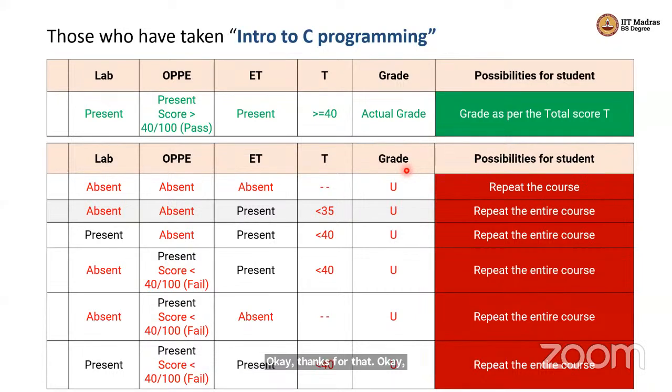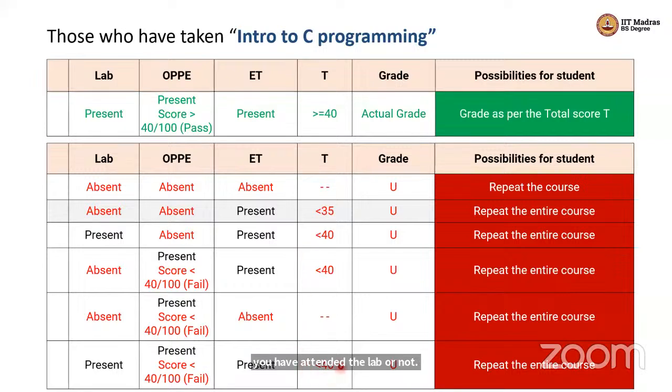So the second category is the U grade. U grade is generally when you are getting the total score less than 40%. Okay, except in this case, which is less than 35%. I'll come to that. But generally, if your total score is less than 40%, you will get U grade, irrespective of whether you have attended the lab or not.